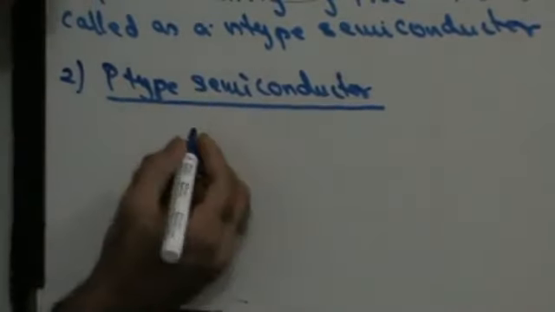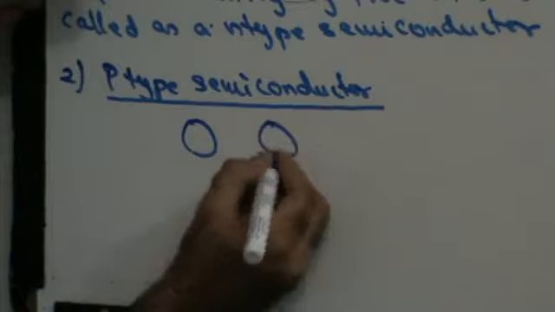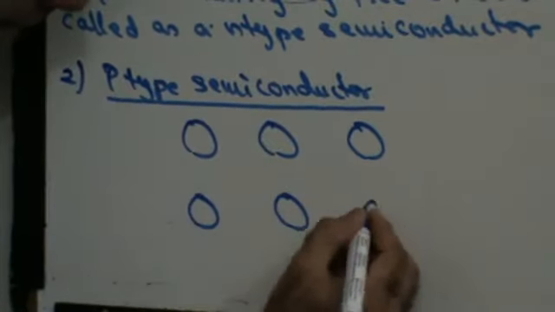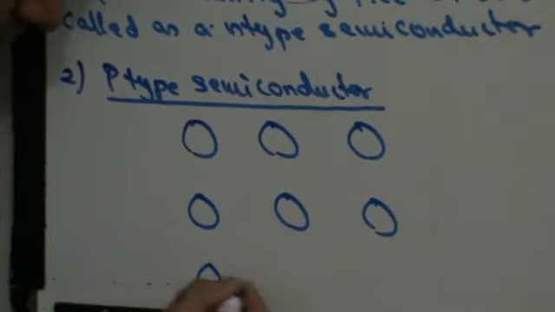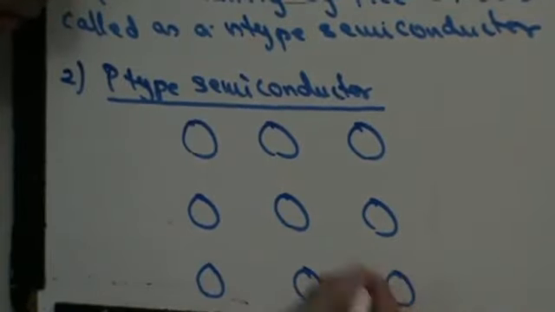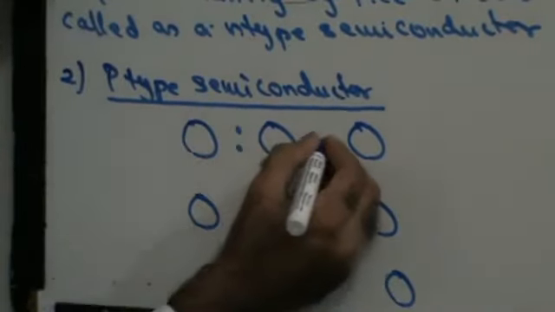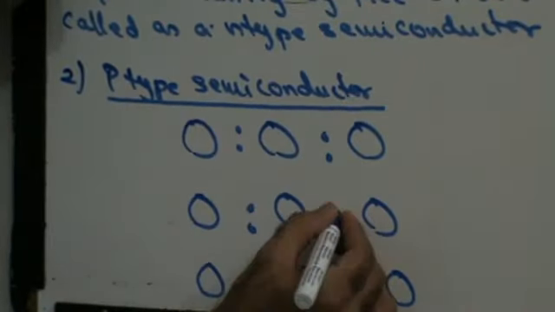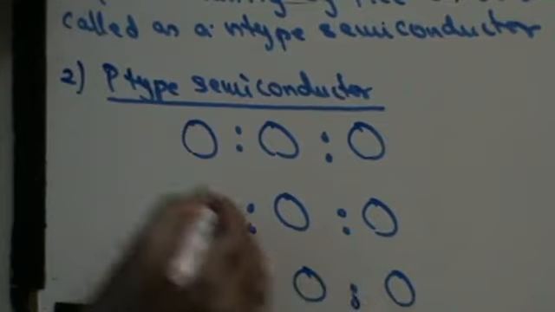Now, let's see the working of a p-type semiconductor. Let's first see a crystal lattice of a p-type semiconductor. In a p-type semiconductor, you would have a trivalent impurity added.